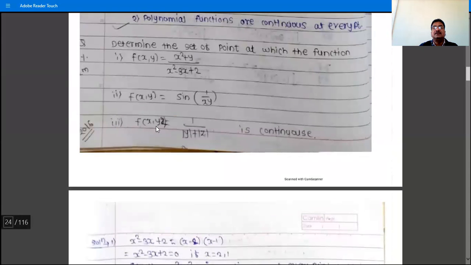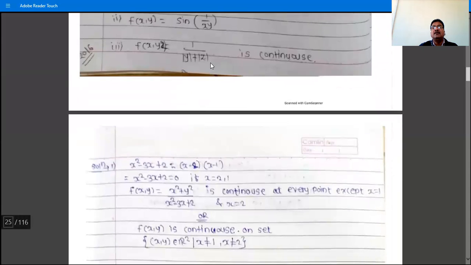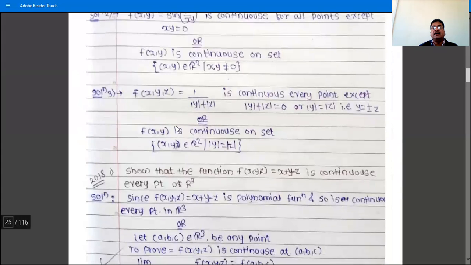f(x, y, z) is equal to 1 by (mod y plus mod z). Again, this function is continuous at every point except where the denominator is equal to 0, that is, other than the points where the denominator is 0.